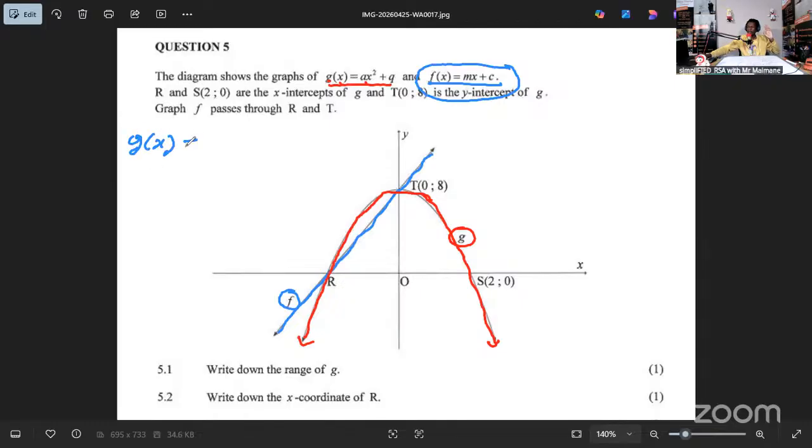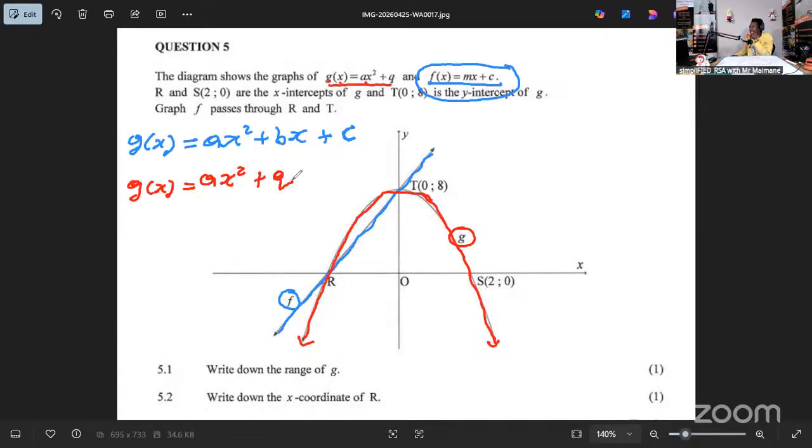So g of x looks something like ax squared plus bx plus c, and we say this is the general formula of a quadratic function. But in this regard, our given g of x is just ax squared plus q.